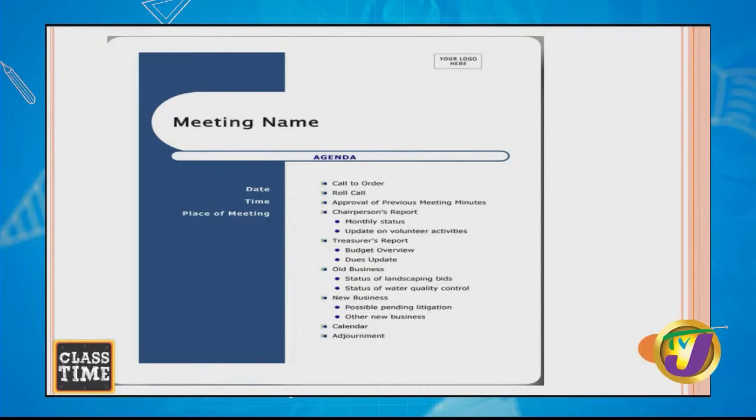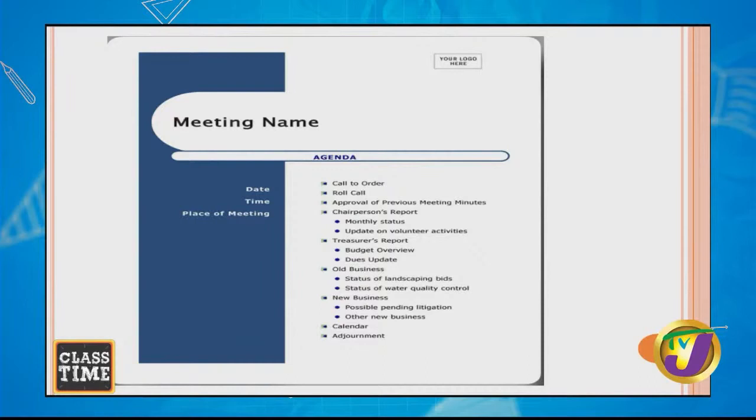Call to order, roll call, the same thing as apologies and so on, persons who are here or at the meeting, approval of previous minutes, chairperson's report, monthly status, update on volunteer activities. If you look at this, I think this is a very good agenda template. I think it has incorporated all of the things that we have discussed so far.